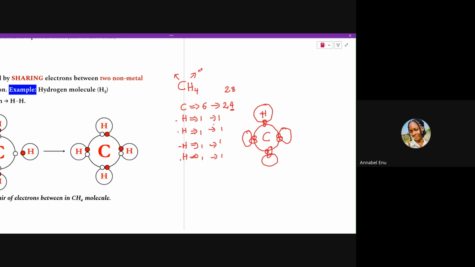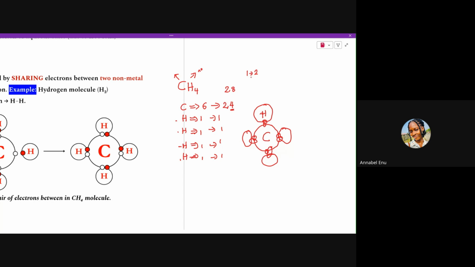Hydrogen doesn't aim to achieve the octet structure but the duplet, because hydrogen is very small and has a very small atomic number. It's just 1. So it aims to be duplet, so it aims to be 2, just like helium.